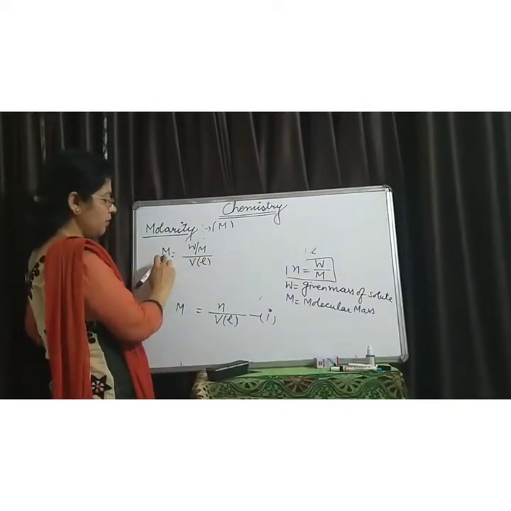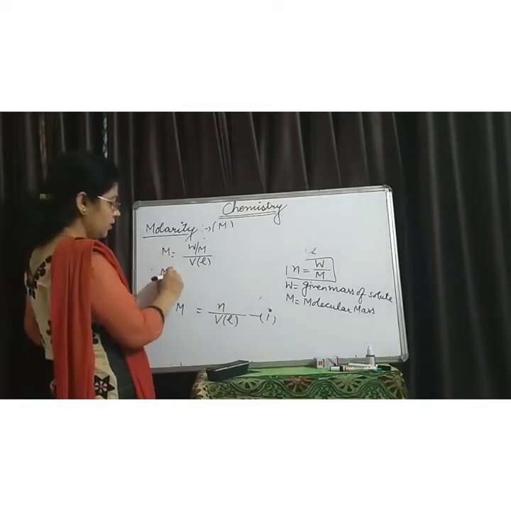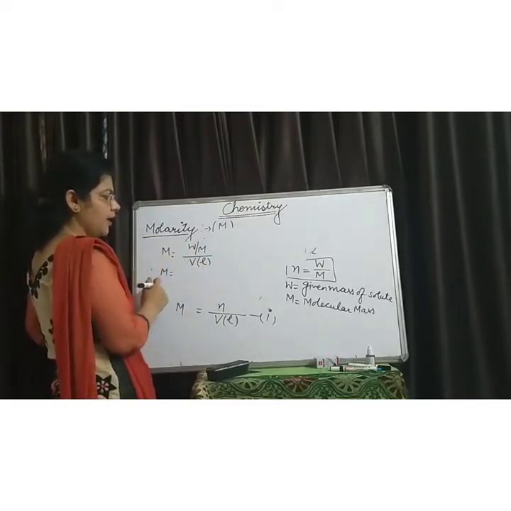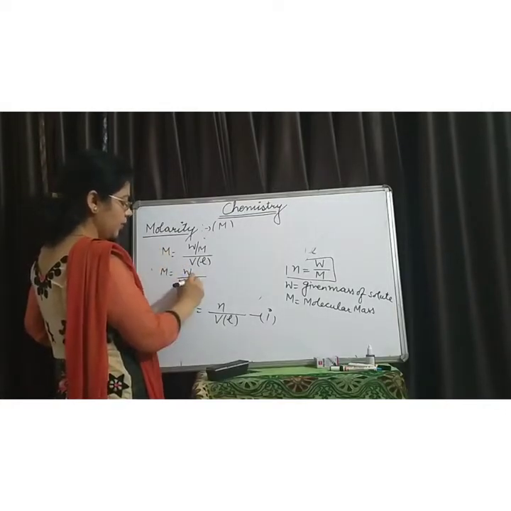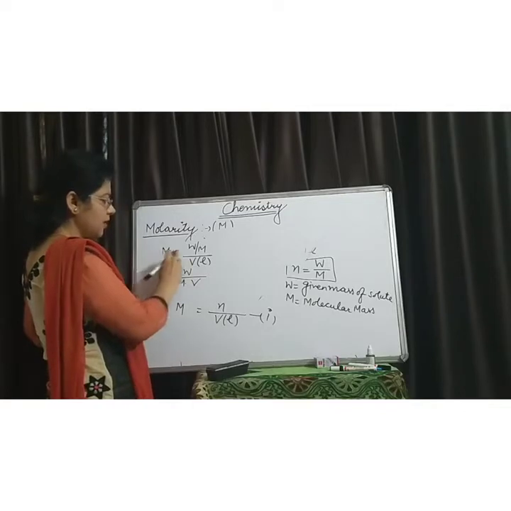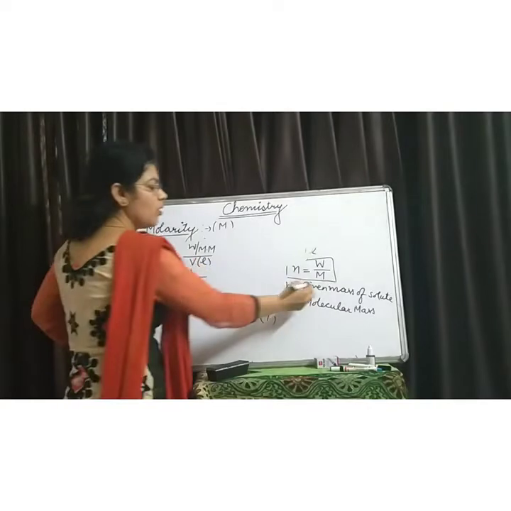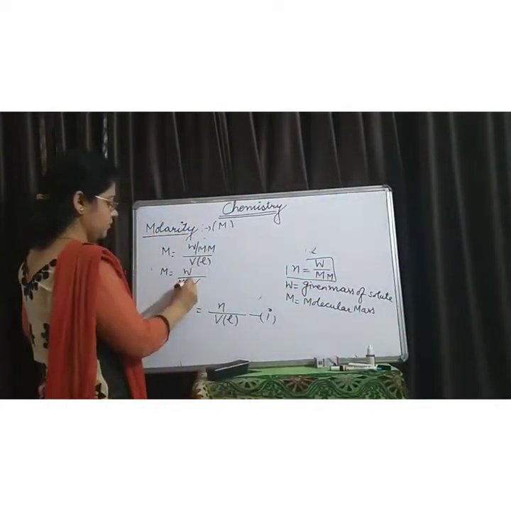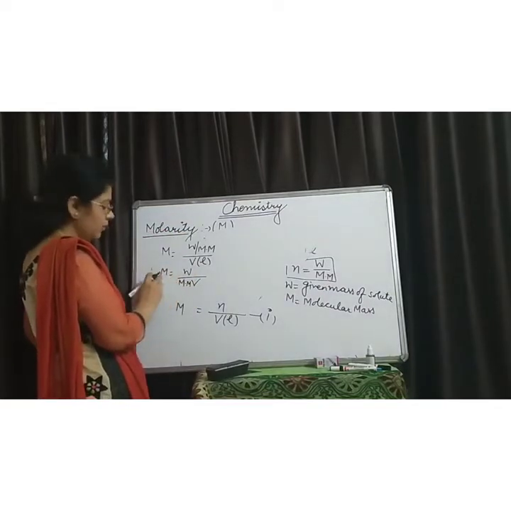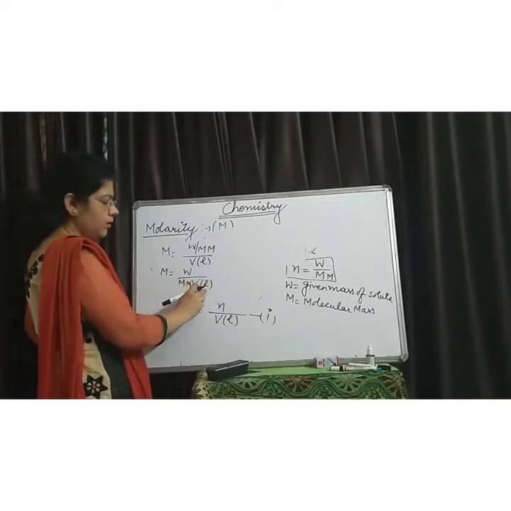So it becomes M is equal to W by M upon V, or it is written as W upon M into V. As this M and M are same, so I write here MM is the molecular mass of the solute, so that we can differentiate this M, that is molarity, and the molecular mass. So I write here volume in liters.